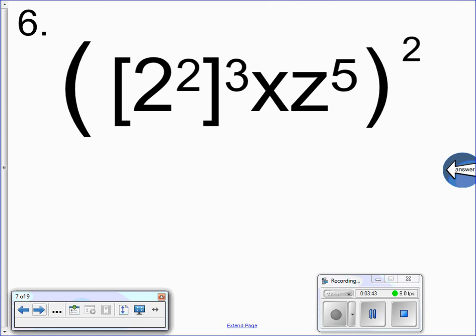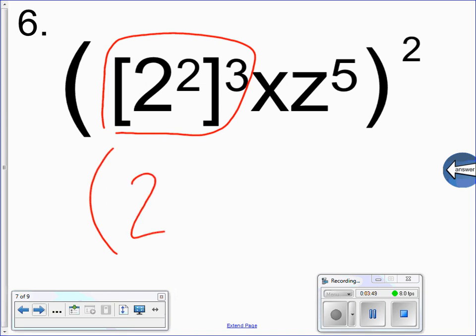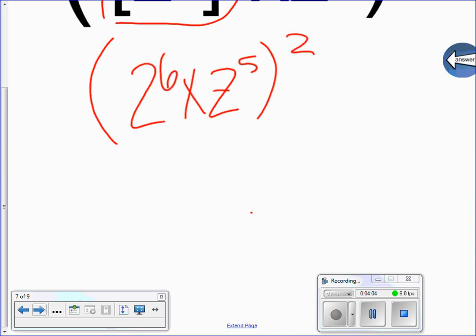In this, we always work from the inside out, so obviously we're going to take care of this first. So that becomes 2. When a power is raised to a power, you multiply, so 6 times x z to the fifth, all squared. Now I'm going to do 2 to the 6th raised to the power of 2, because in this case 2 is used as a base, not a coefficient.